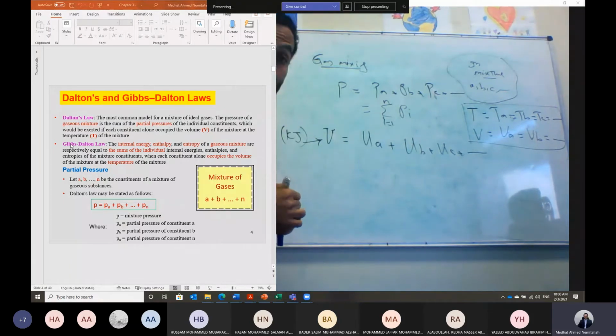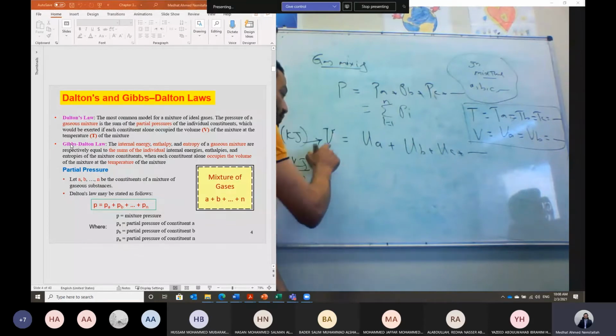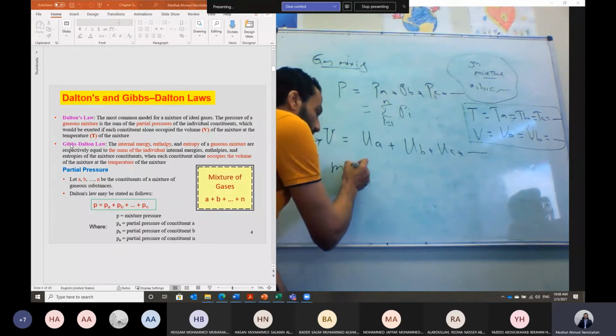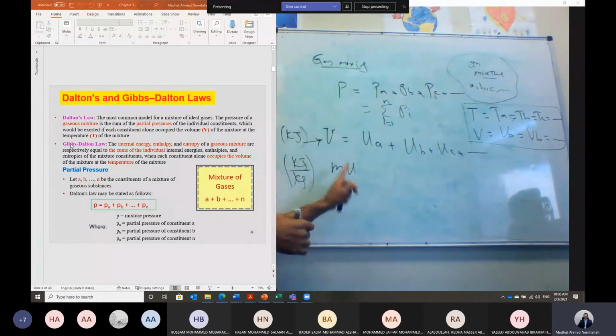But usually in all property tables, you will find the internal energy given in the specific form. Any specific property is the energy or property per unit mass, calculated in kilojoules per kilogram. So the total energy is equal to mass multiplied by the specific internal energy.